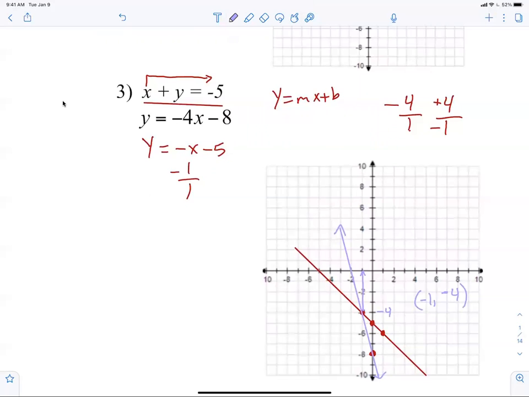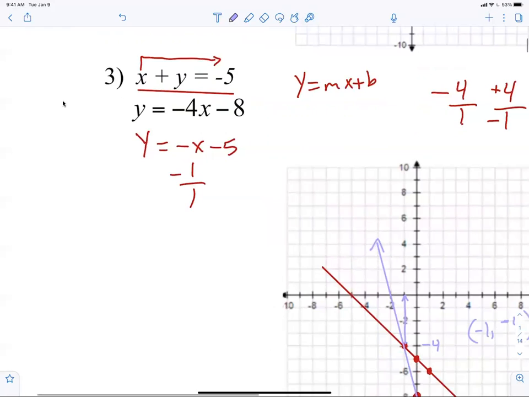Okay, I gotta make sure this is good for everybody because some of you are having issues. All right, so let me say this one more time. Sit down and listen. Stop talking. When you type in -4x minus 8, you have to hit negative for negative and minus for minus.